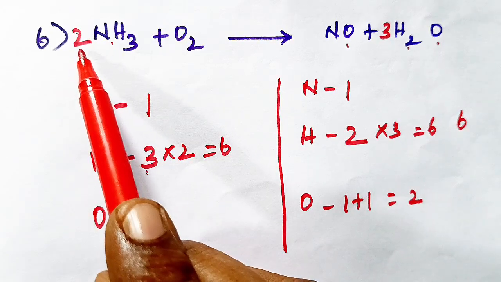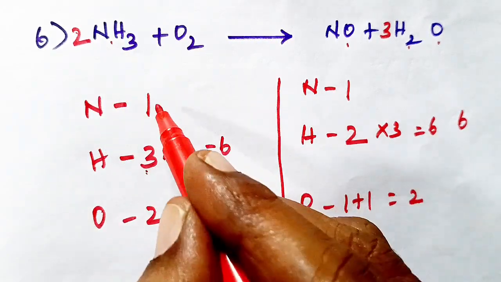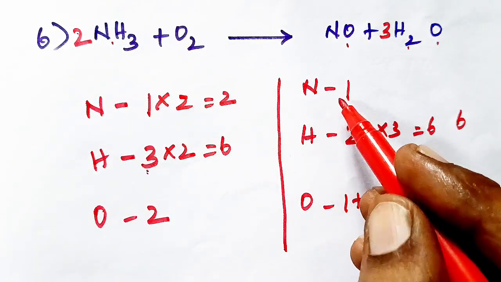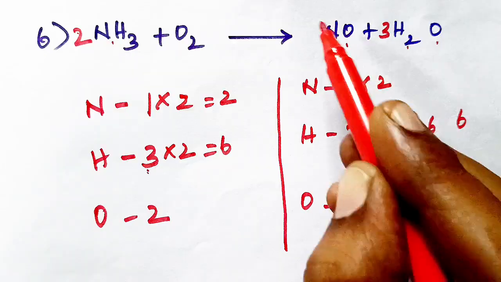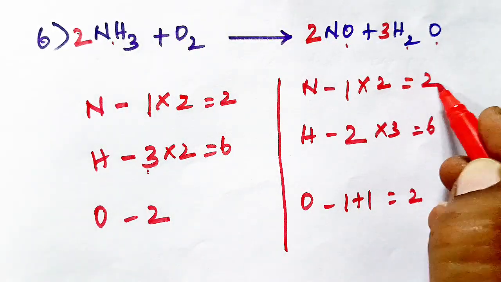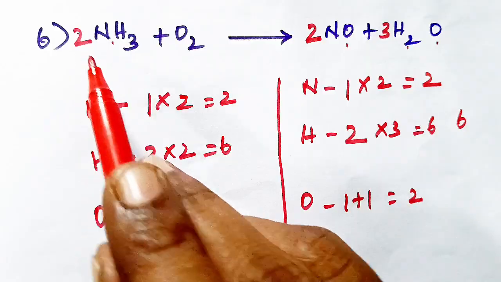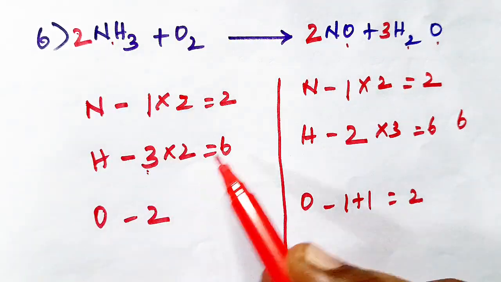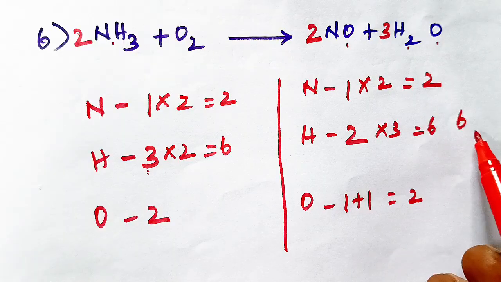So on the reactant side you have 2 nitrogen, so 1 into 2 is equal to 2, so you have to change the product side also, so multiply with 2, so put coefficient as 2, so 2NO. Now N is balanced. Hydrogen is the same, 2 3s are 6, 3 2s are 6.